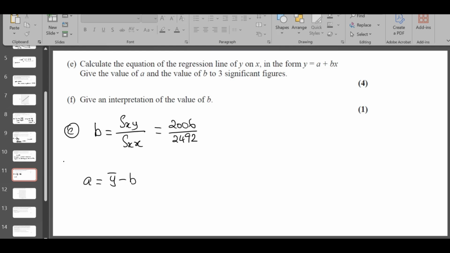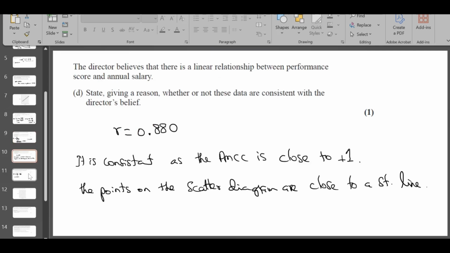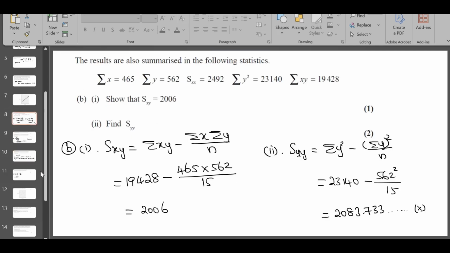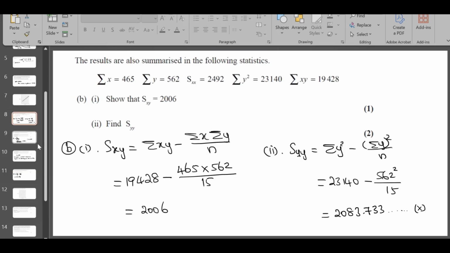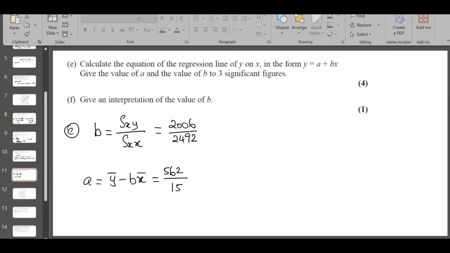The formula is y bar minus B x bar. Y bar is sigma y over n. Sigma y is 562 over n, and sigma x is 465, minus the value of B times 465 over n.